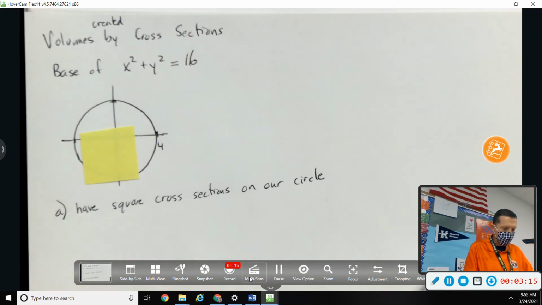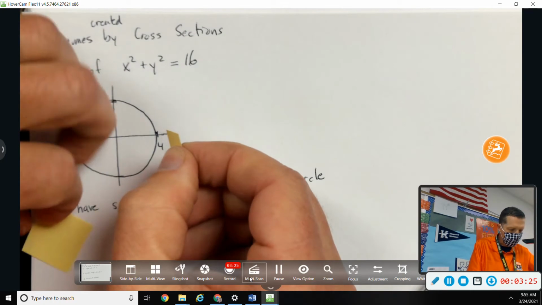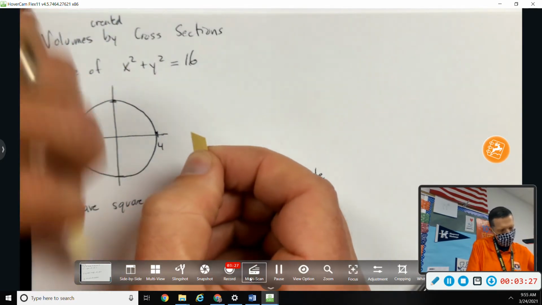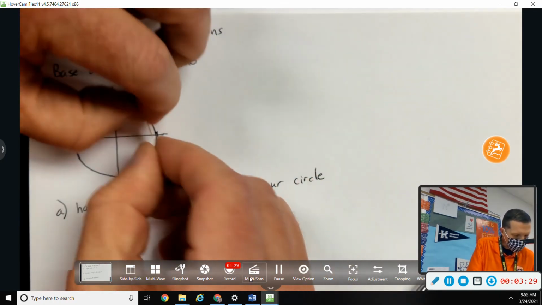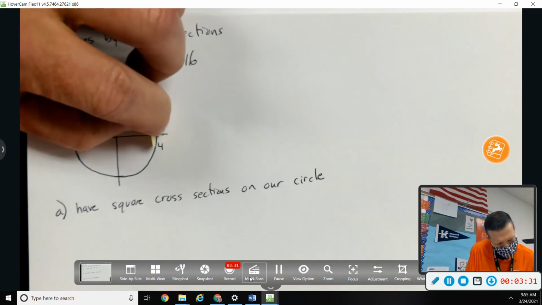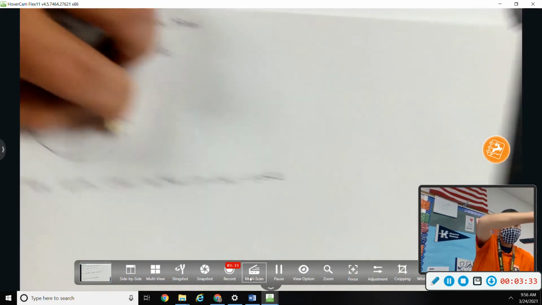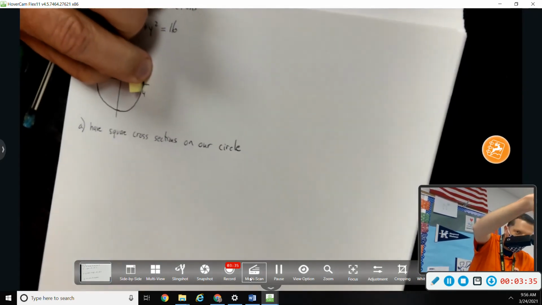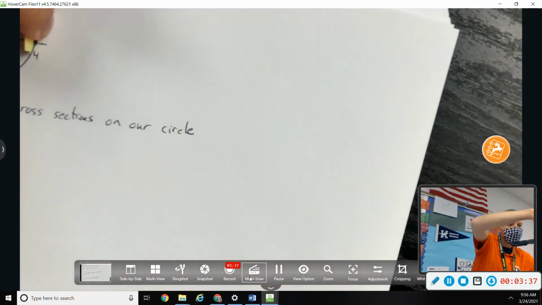And if I made an even smaller one, that one would be way over on that side, just barely right there. So it's not as high, as tall as the other ones.